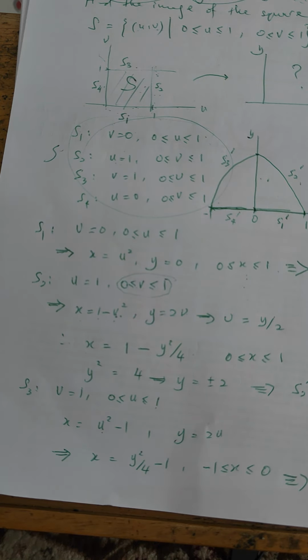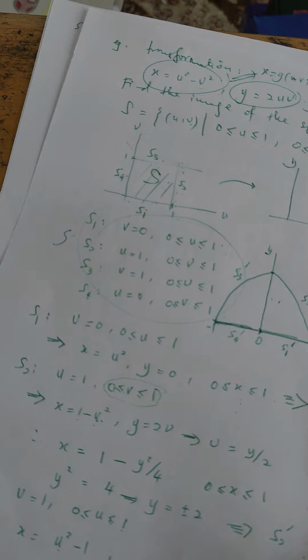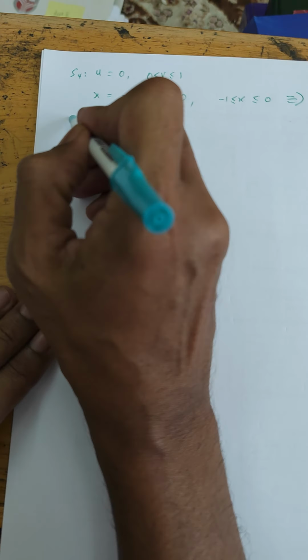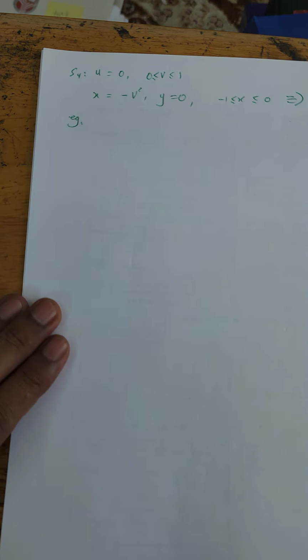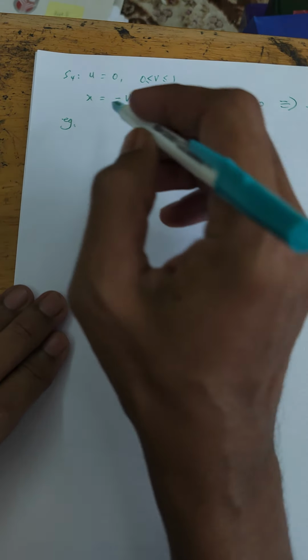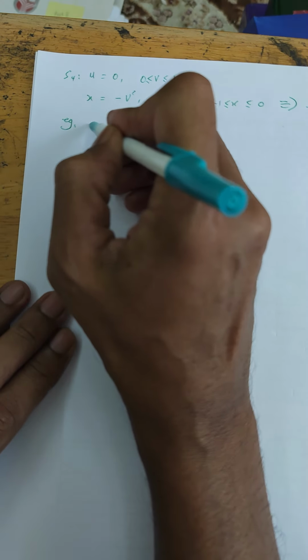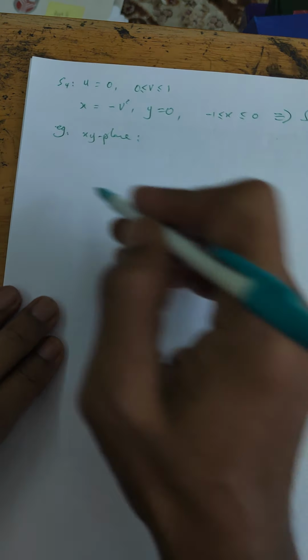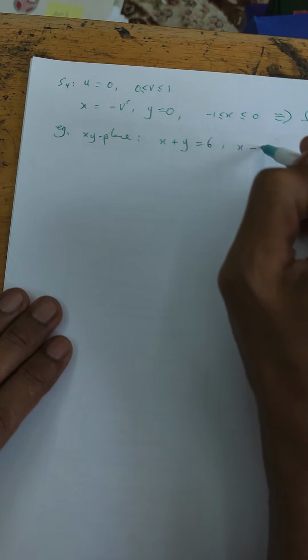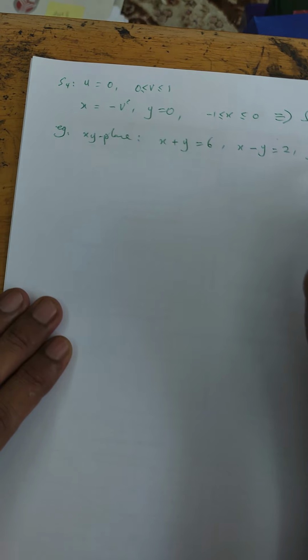Okay, let's consider another example. Let's say the region in the xy plane is bounded by x plus y equal to 6, x minus y equal to 2, and y equal to 0.